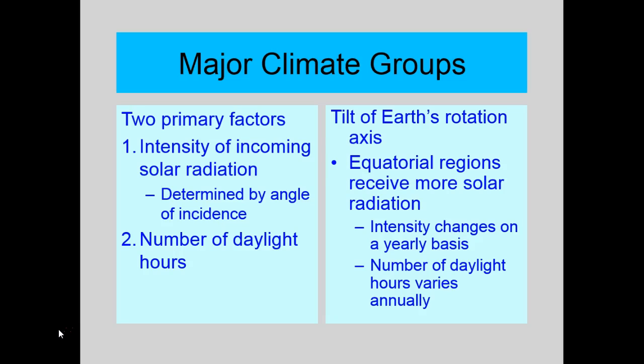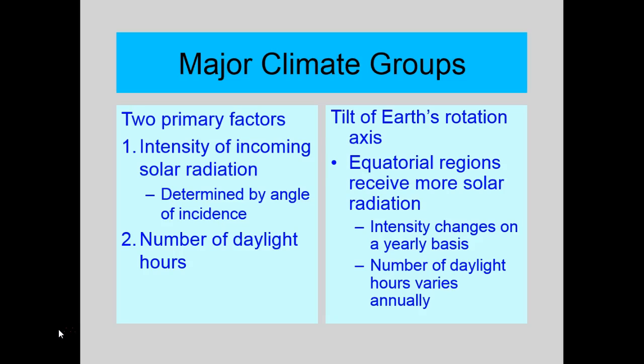So we are always at some angle of incidence, and that keeps us a little cooler, generally. Why is that? Because remember, we have this big band of atmosphere around the globe, everywhere. When the sun shines directly through that, it comes straight through. When it hits us, it comes through at an angle, so it's going through a lot more atmosphere to get to us.